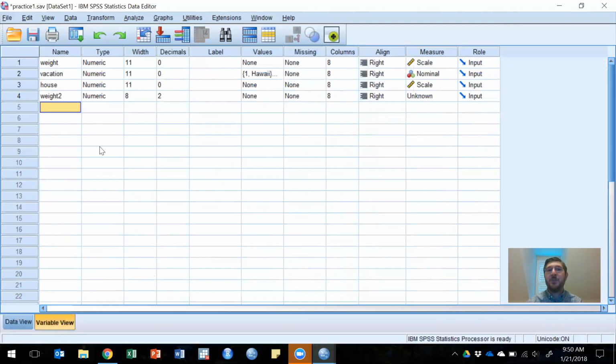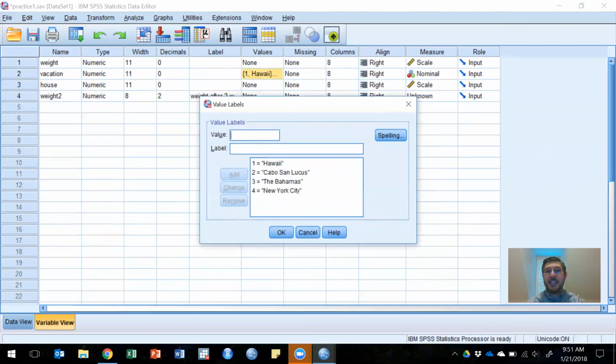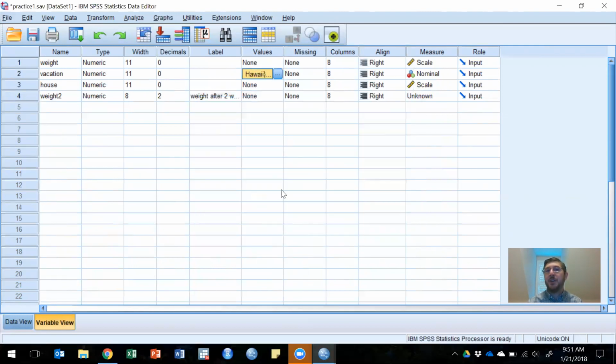If you go back to Variable View, you can change the way things look in there. We don't want these to have any decimal places, or we do want decimal places to show up. We want to give it a label, like weight after 2 weeks. If it is a nominal variable, this is where we would enter our categories. We would say value 5 equals Chicago, and we would add that.